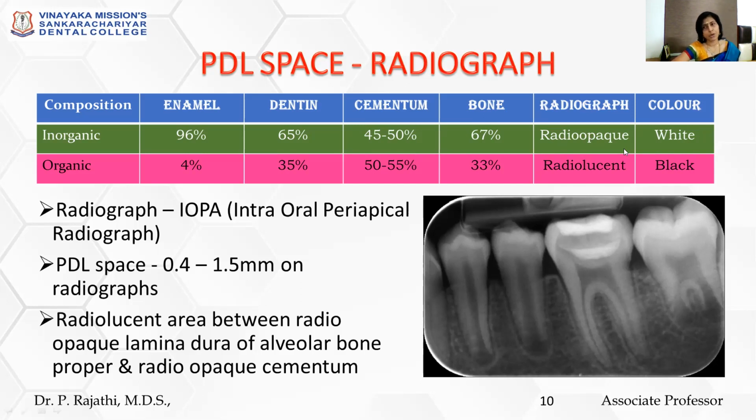Pulp and periodontal ligament are soft tissue. In the region where the pulp is, you can appreciate very clearly a black space, which you call the pulp space. In the periodontal ligament region, outside the root and between the alveolar surface of the bone, you can see a dark black line, which you call the periodontal ligament space.